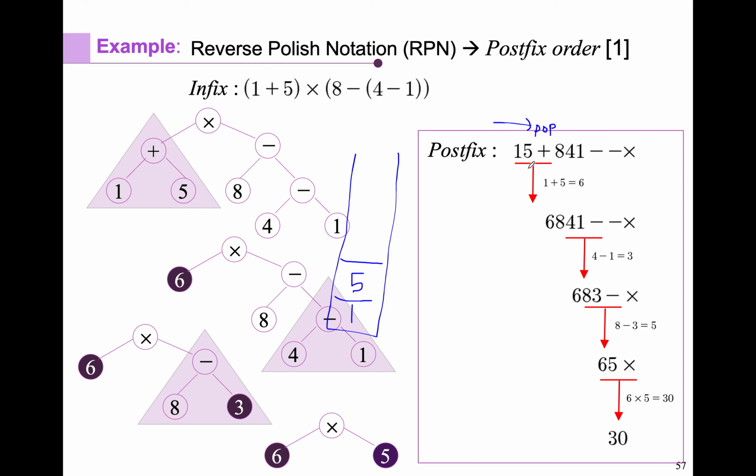After you push, when you meet an operation, you're going to pop out. What happens to pop? You take this operation plus and add these two variables.